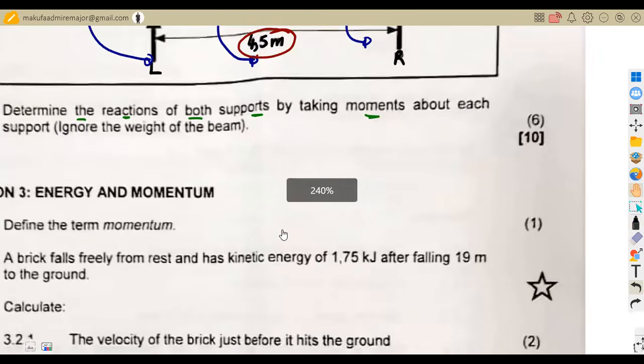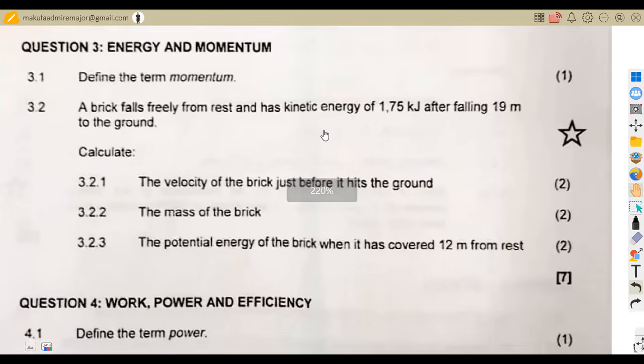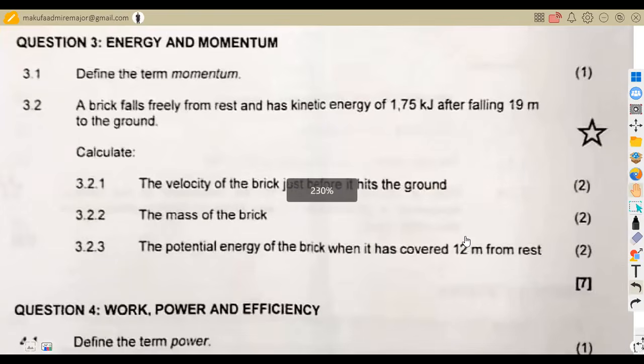All right, let's check the energy and momentum in this case. On question 3.1, we're asked now to define the term momentum. So here's just a definition. Remember, momentum is taken from the product of what? Mass and velocity.